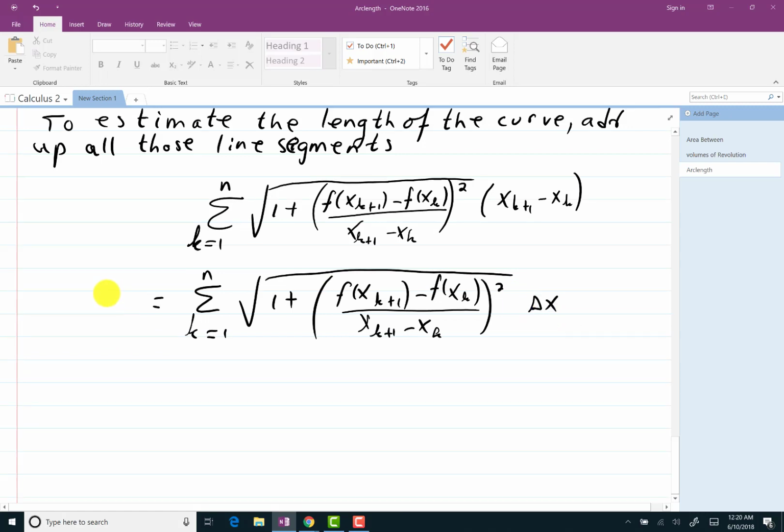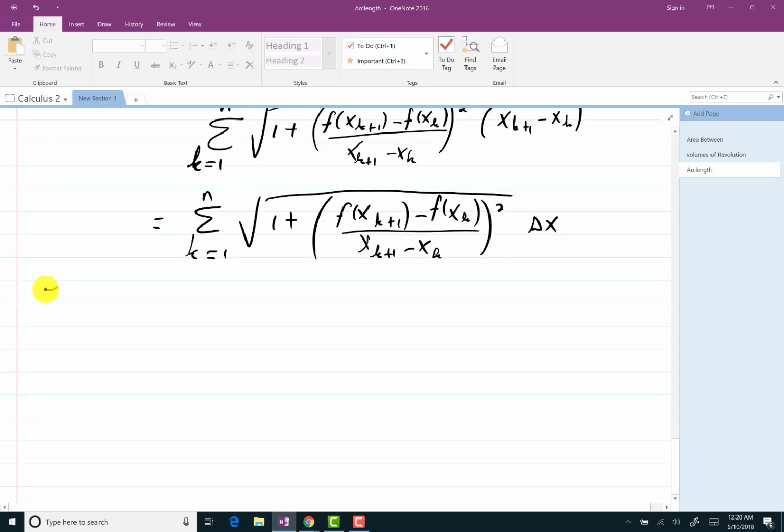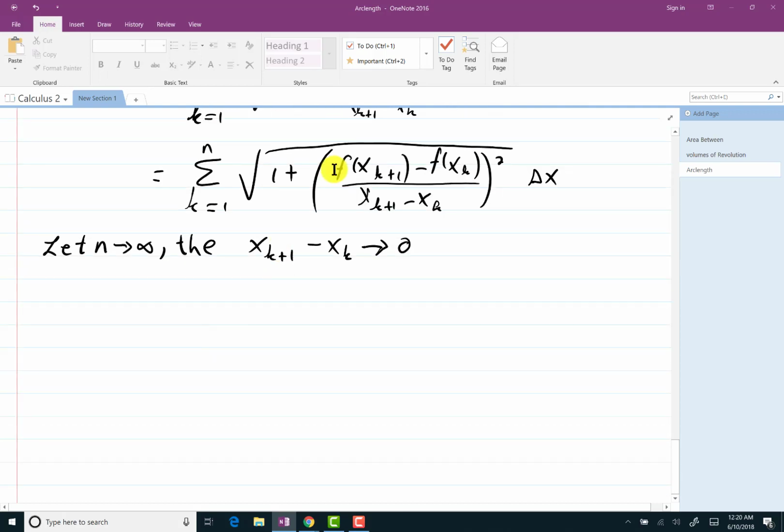Now let n go to infinity. What that means then, x sub k plus 1 minus x sub k is going to 0. So what does that tell you about this quantity in here?